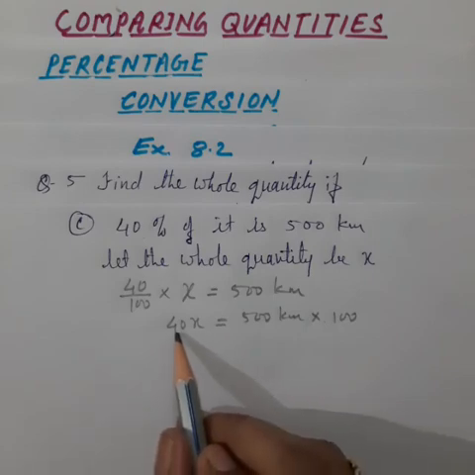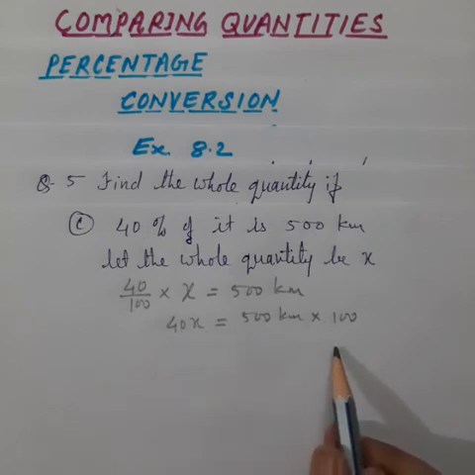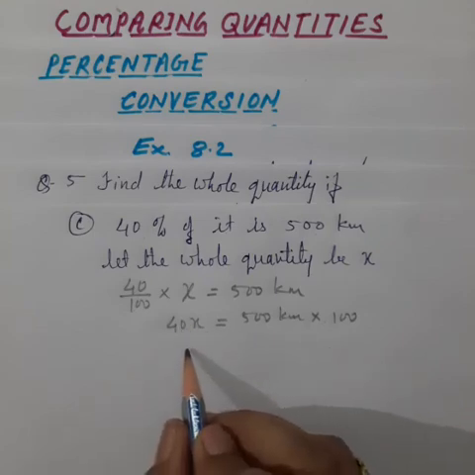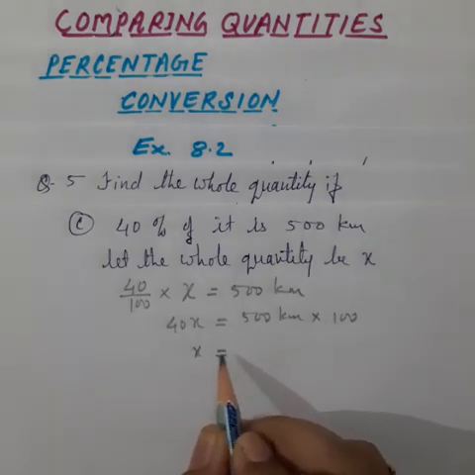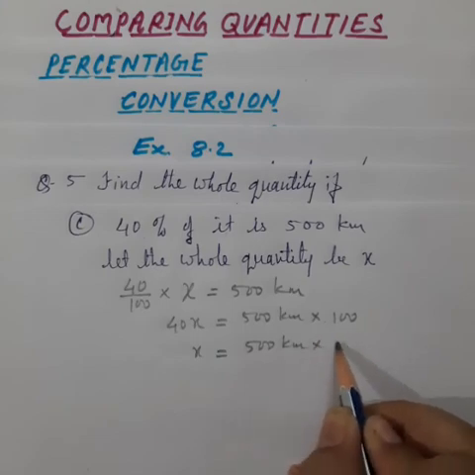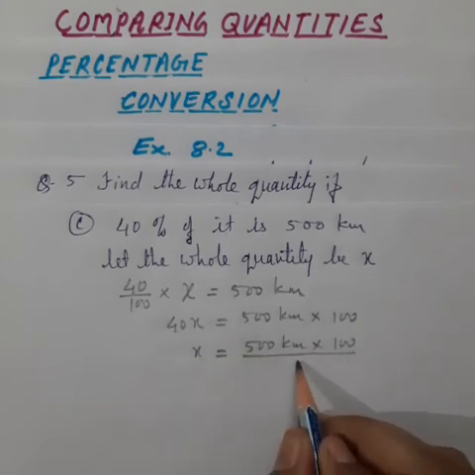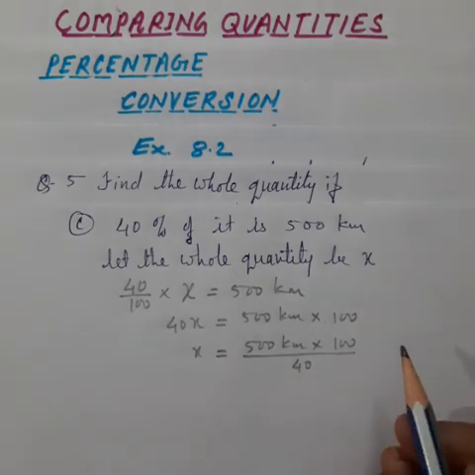Now remove this 40. 40 is in here multiplication in numerator. It will go in the denominator or in division on right hand side. So x on left hand side and 500 kilometer into 100 is in the numerator and this 40 will go in the denominator. Now we have to solve this.